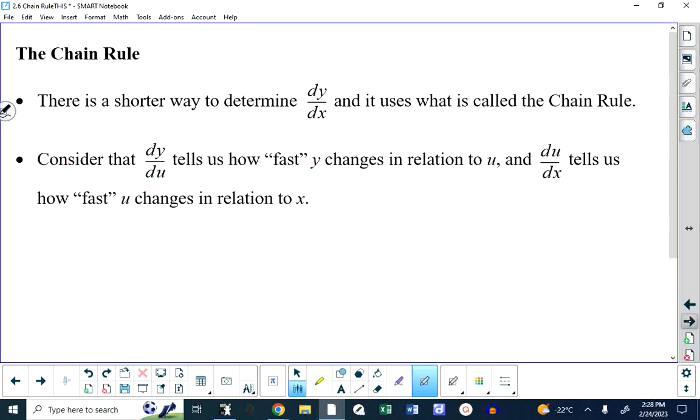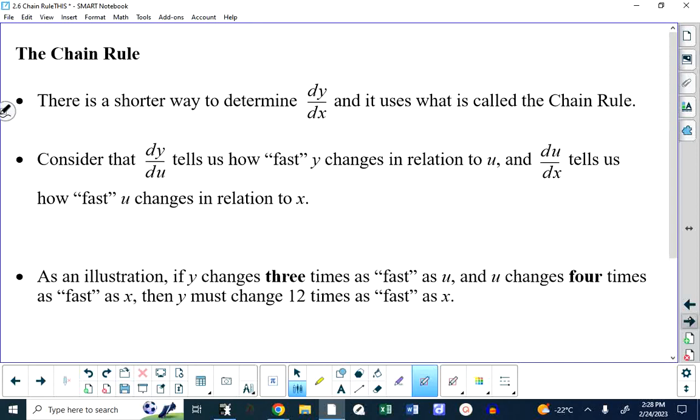If dy du is a rate of change of y with respect to u, it's telling you how rapidly y is changing compared to u. And du dx would then be telling you how rapidly u is changing compared to x. I don't know to how many of you it makes sense then that dy dx would be the product of these, but I'm going to give you an analogy here, a couple of them.